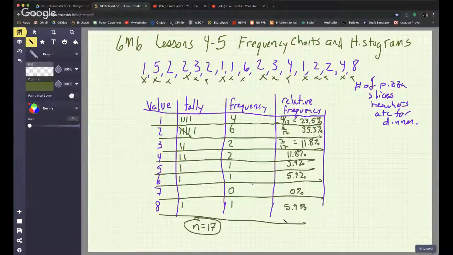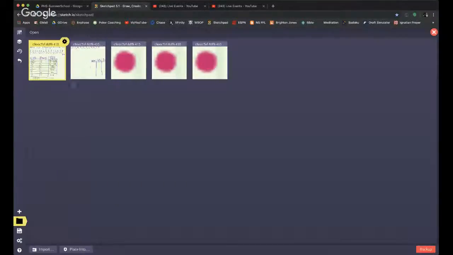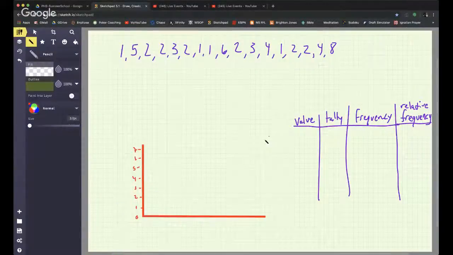Now we're going to take this to the next level and build a histogram, but I'm also going to show you a second way to build frequency charts. Sometimes we use bands of numbers, because we don't want to do every single number. So we say all numbers between 0 and less than 2, which is basically 0 and 1.